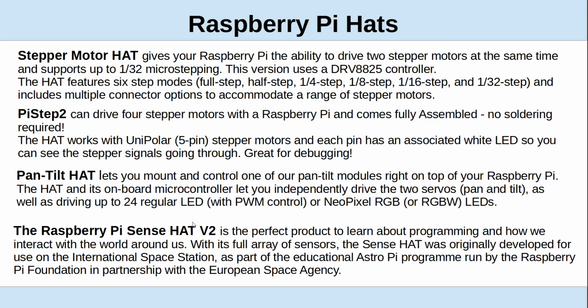And this has an LED display matrix on the top. It has accelerometers, gyro, humidity, temperature, magnetometer, a couple other things all in this one board. And they developed it for the astronauts on the space station to go play with. It's a not very big box. It was kind of cool.